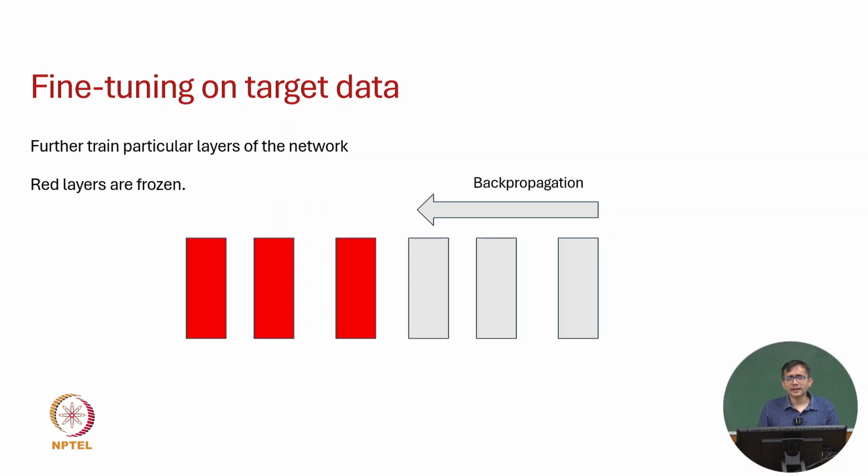Now we want to apply, let's say, on the winter images where we don't have that large scale annotated dataset. However, we have a small annotated dataset, which is reasonable to assume in most practical scenarios. So in that case, one could simply fine-tune now on this target winter domain.